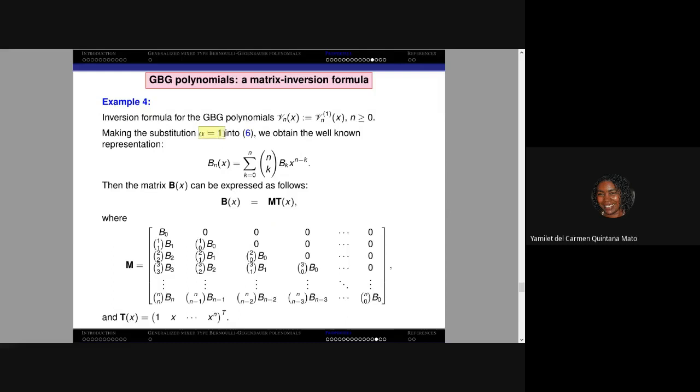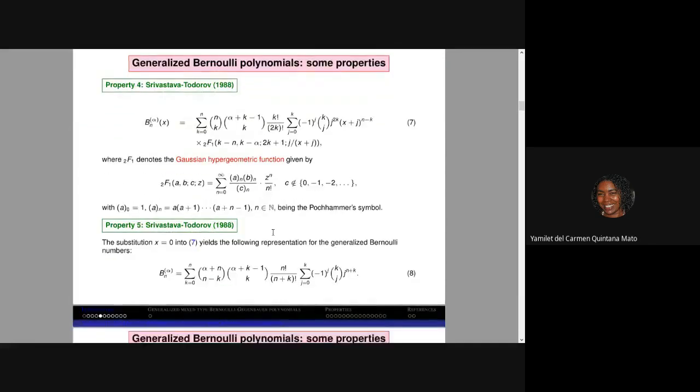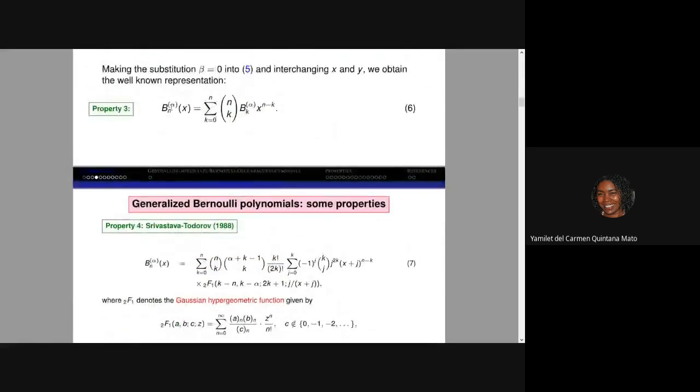When we take alpha equal to 1 in Z, remember Z, Z is the property which gives the explicit formula for the generalized Bernoulli polynomial in terms of the generalized Bernoulli numbers.